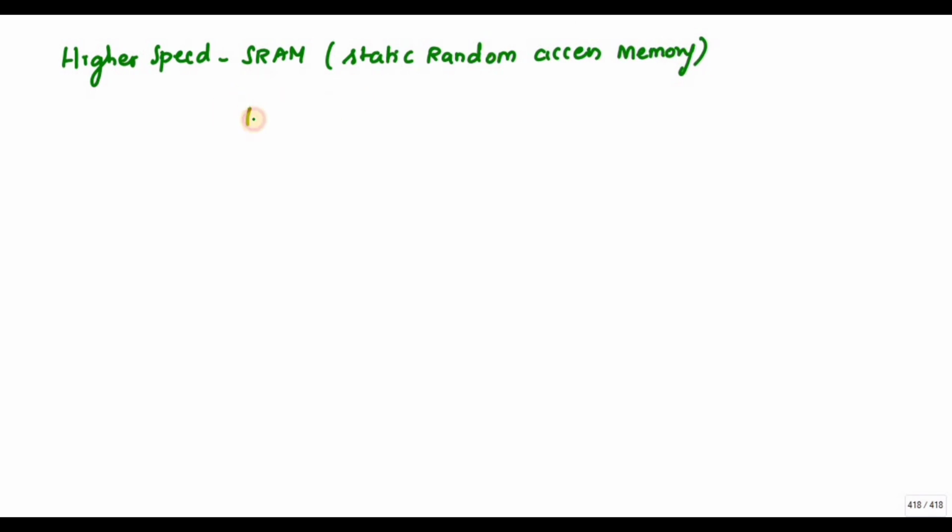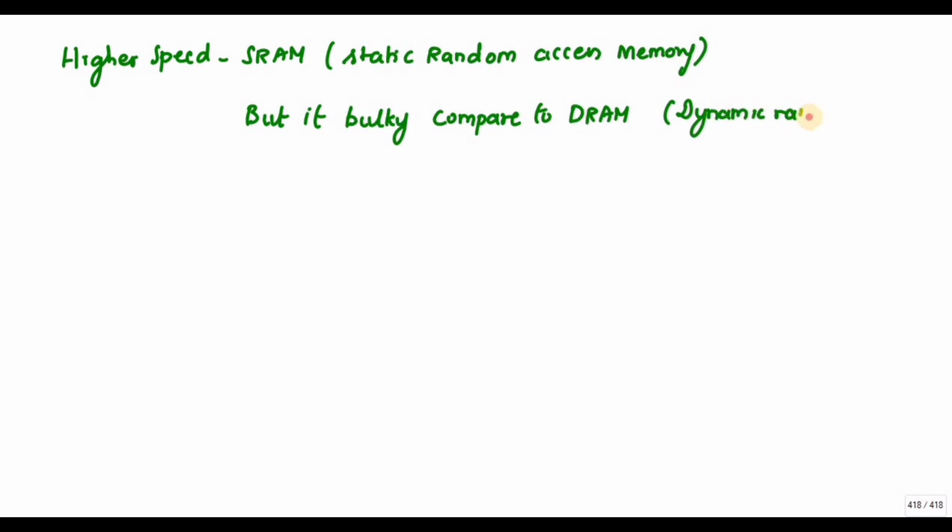But it is bulky compared to DRAM. DRAM means dynamic random access memory. So whenever my focus is on speed, I have to use static RAM. Whenever my focus is on size, then I have to use DRAM.